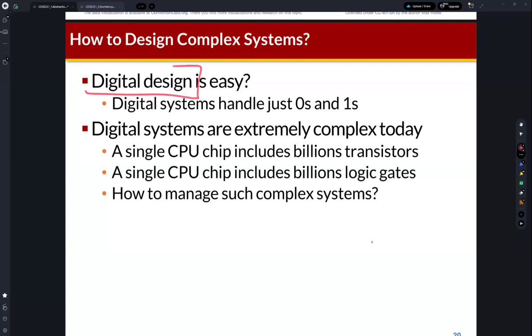Firstly, I introduced the digital signals, right? And then I mentioned that we are living in the real world, and every signal in our real world is an analog signal.